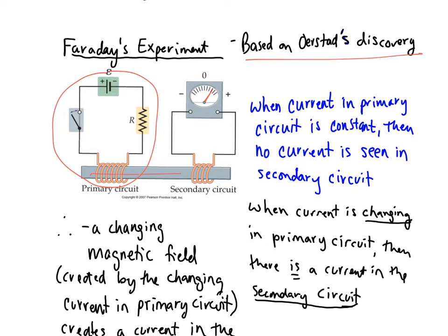He put an iron core through the solenoid, and then the secondary circuit over here also has a solenoid, and doesn't have any source of potential difference. It just has an ammeter. Actually, it's called a galvanometer. It's a very, very sensitive form of an ammeter that measures current. So the galvanometer was able to measure any current in the loop.